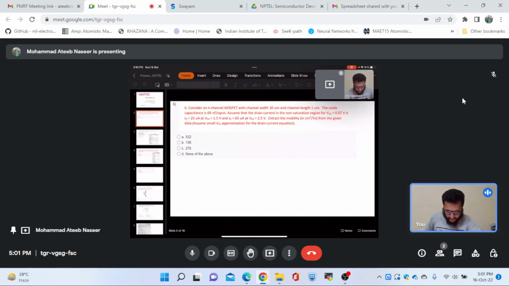Similarly, we have been provided the oxide capacitance, which is 69 nanofarad per centimeter square, and we have been told that this MOSFET is in non-saturation region since we have applied a small amount of VDS, that is 0.07, and this MOSFET is biased for 2 VGS, 2 gate to source voltages.